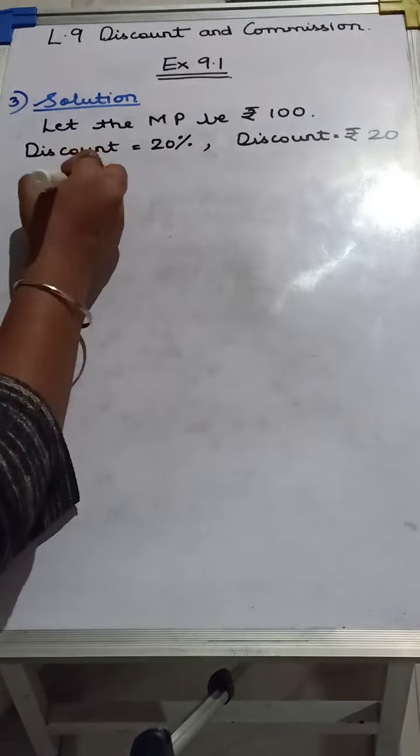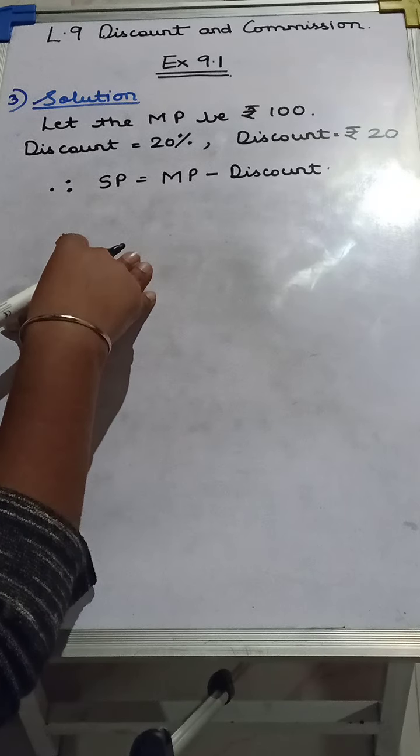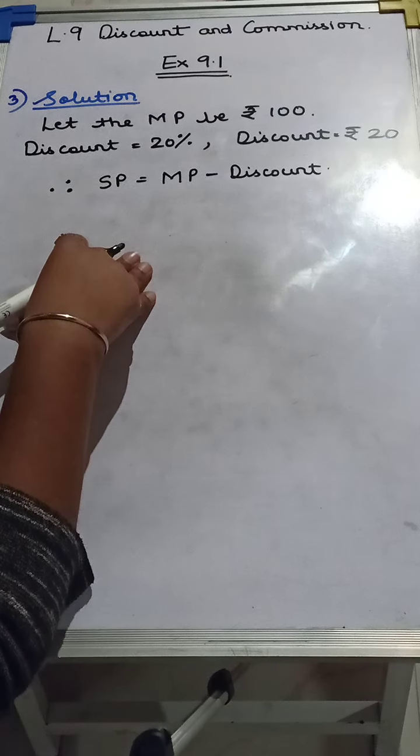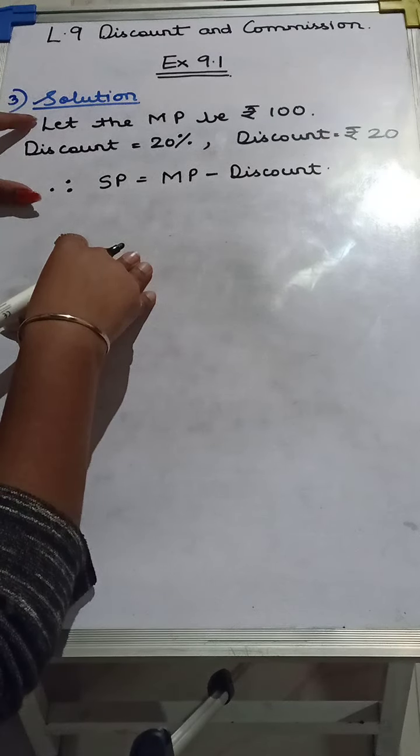Now this is what we are assuming. So here in the first part we are assuming marked price as 100. Actually we don't know the marked price, but we are going to assume marked price as 100, and with the help of the assumed marked price, we are going to find the selling price also.